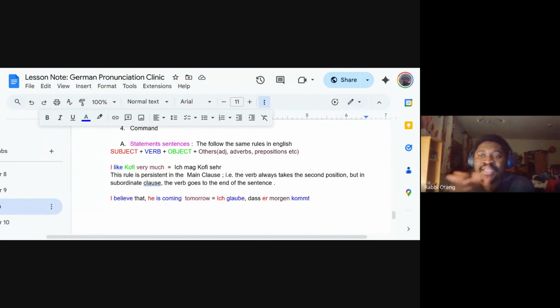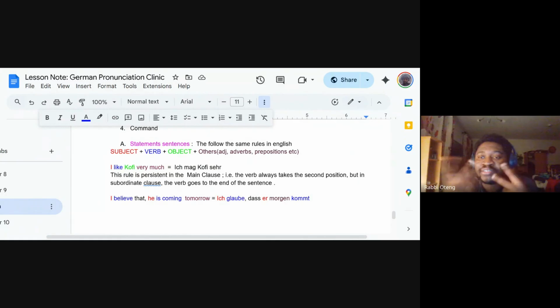So in German, just remember that we have a main clause and a subordinate clause. The main clause can stand on its own, but the subordinate clause can't. You need the main clause to understand the subordinate clause, so the subordinate relies on the main clause.